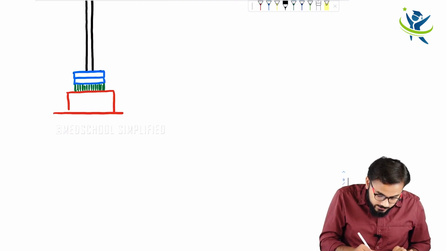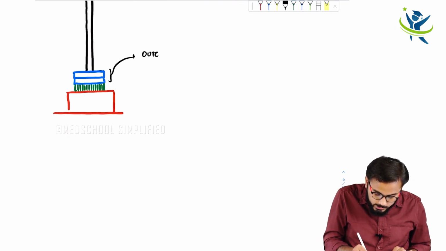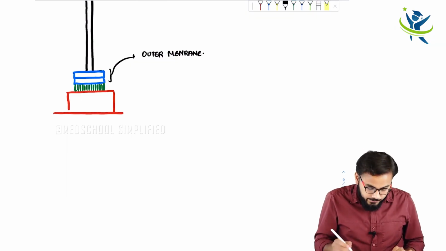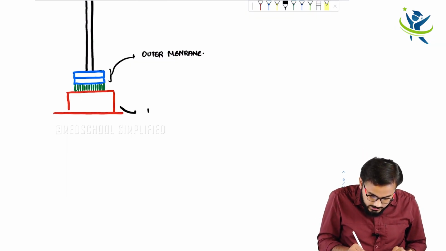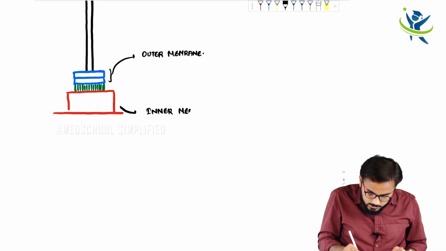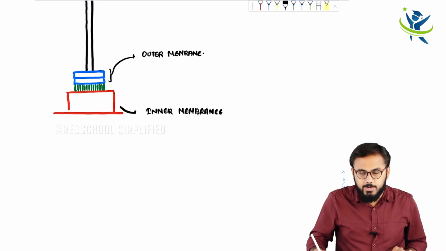And this part which you can see here, the blue color part, this is called as outer membrane. And next, this one is called as inner membrane. So if there is outer membrane, there also will be inner membrane. Inner membrane means plasma membrane.